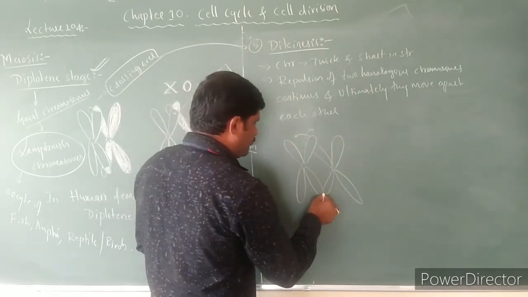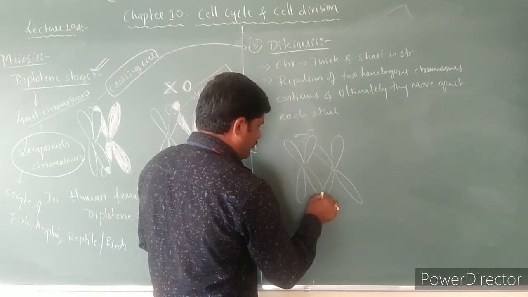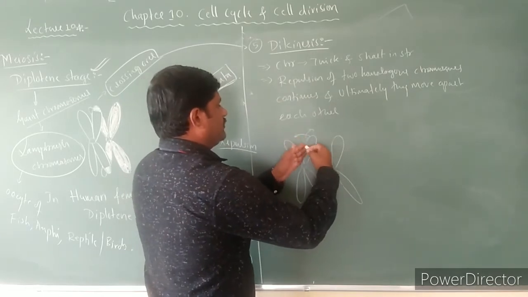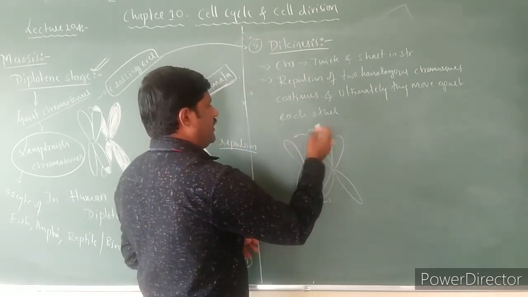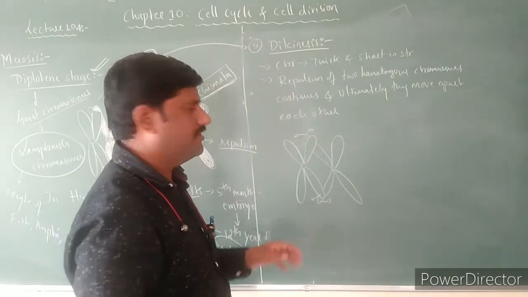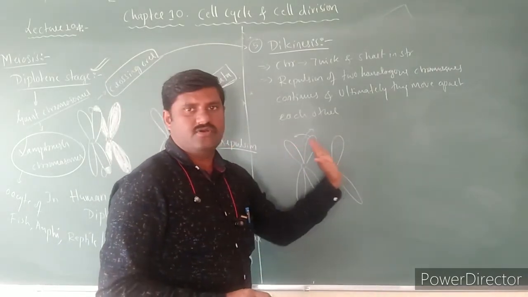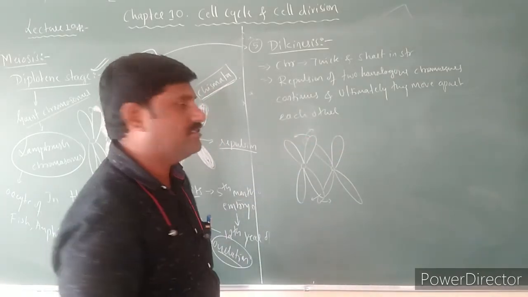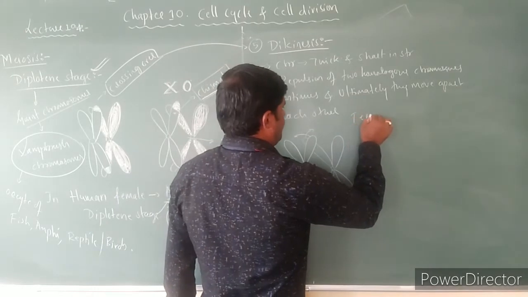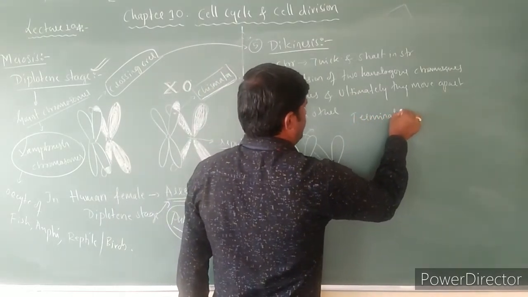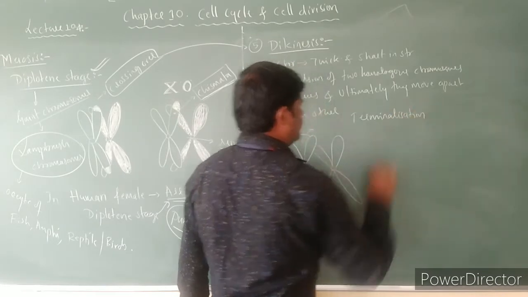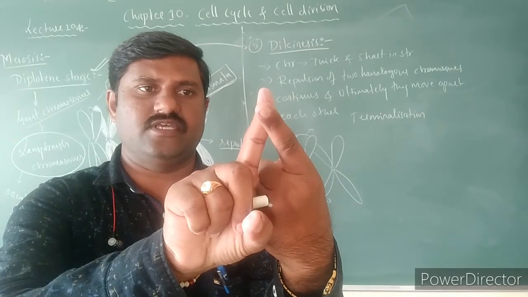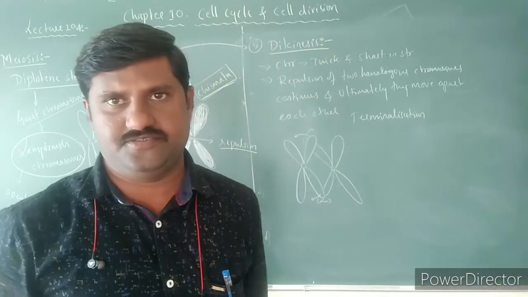When these two separate, taking out their respective chromatids, slowly and gradually sliding out, that process itself is called terminalization.